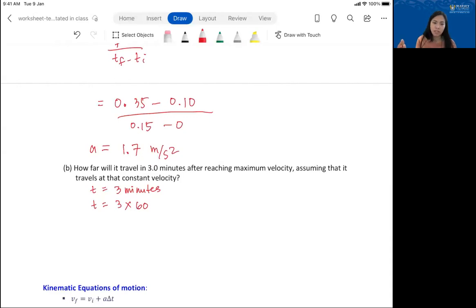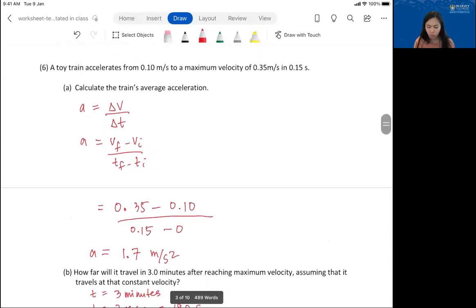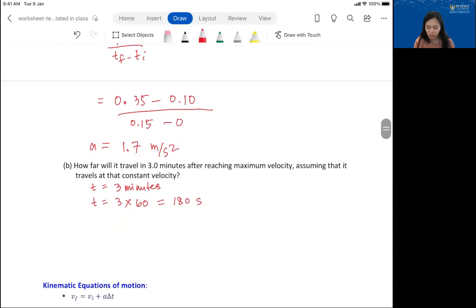So 3 times 60 is 180 seconds. And then you're given that it reaches maximum velocity, which is from the previous question, 0.35 meters per second.